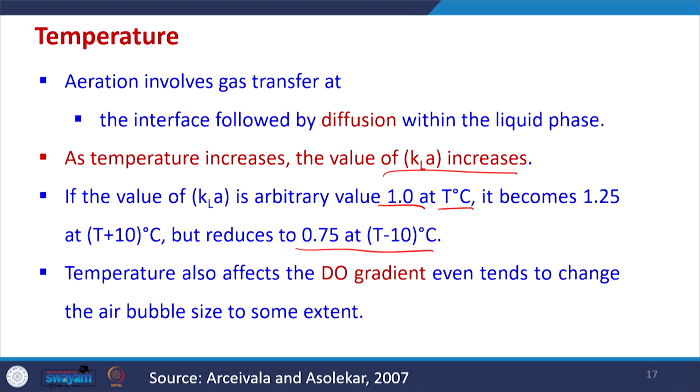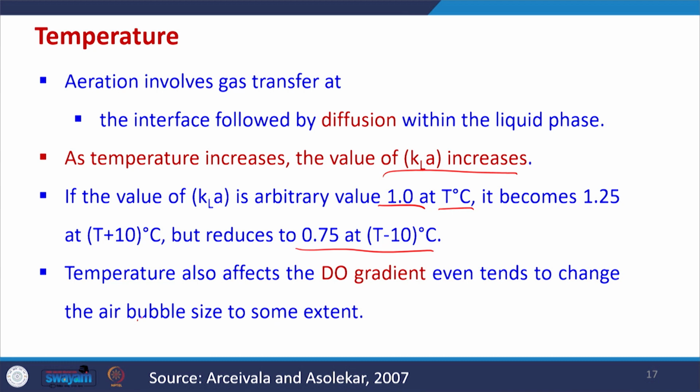So, KLa increases with increase in temperature and decreases with decrease in temperature. Temperature also affects the DO gradient and even tends to change the air bubble size to some extent. So, temperature is an important parameter in the oxygen transfer rate.